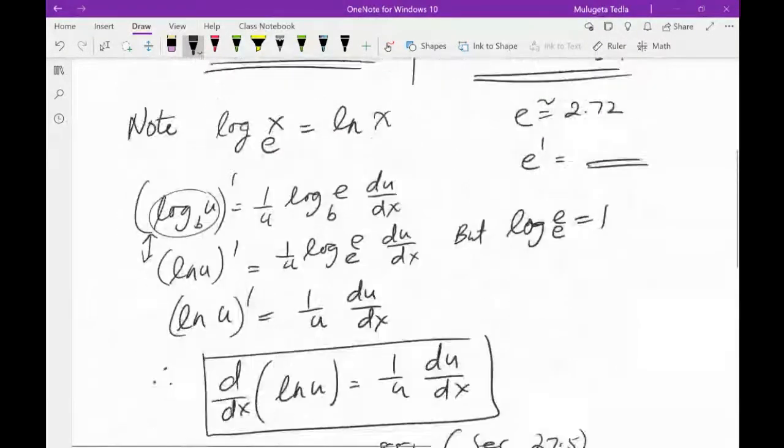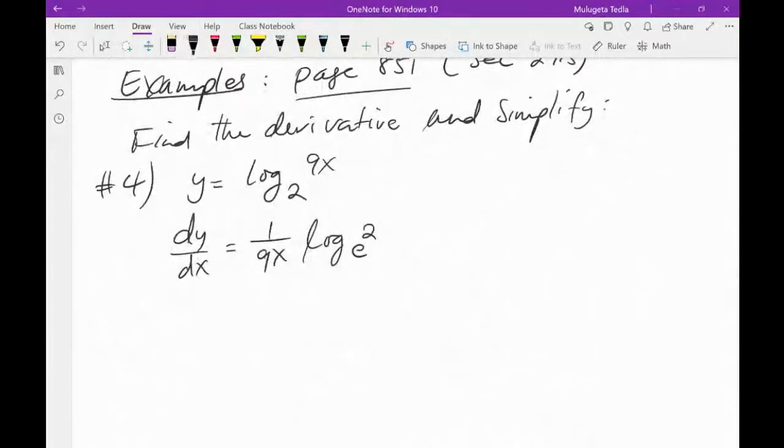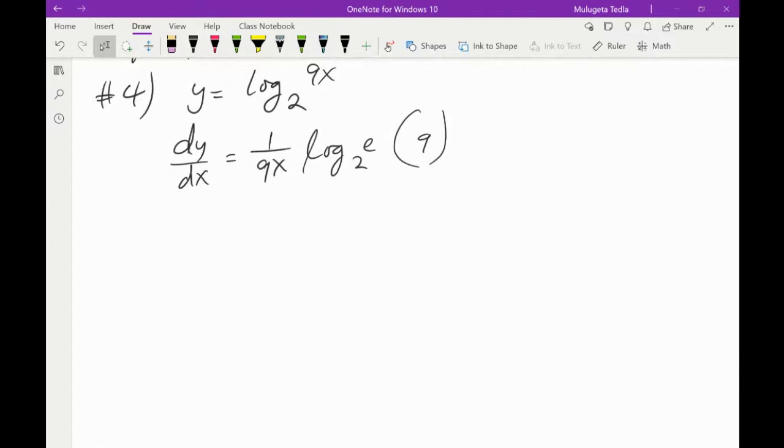The formula says it's to the base 2, and then the derivative of 9x, which is 9. Yes, definitely, thank you. So the derivative 9 can come up front, and you can cancel this 9 with 9. Then you'll have log of e to the base 2 over 9 as the answer.